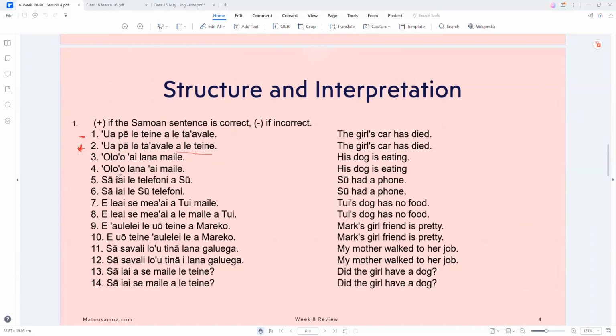I think it'd be the first one, right? Yes, it's the first one. Olo'ai, yep. So eating his dog, or his dog is eating. So this one is correct. This one is incorrect for several reasons. So we have our tense, and then we have lana I tense.